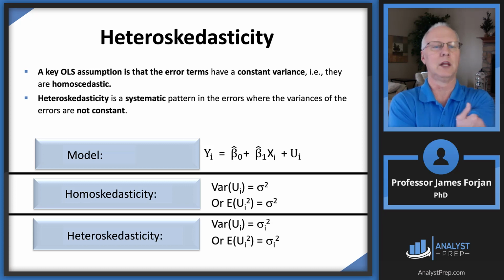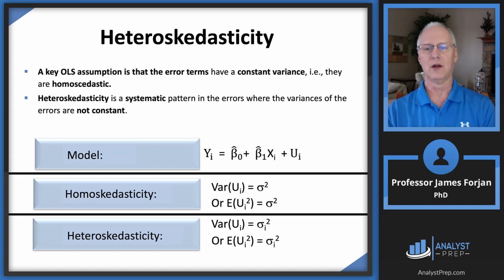So I want you to look in the very middle of the slide. One of the assumptions of the OLS is that the error terms have a constant variance. So look under homoskedasticity, there you'll see the sigma squared, right, with no subscript. And that means that there is a constant variance that arises from a regular old linear regression model.